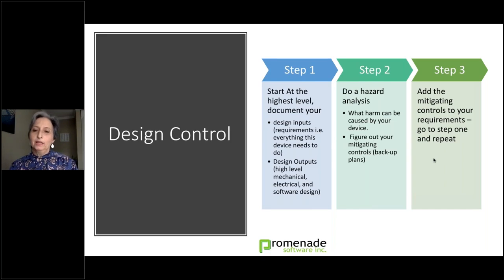Everybody needs to take part in this and think about how they are going to mitigate the hazards that this could cause. And we're going to get into this a little bit more because it's a super important part of the design control.